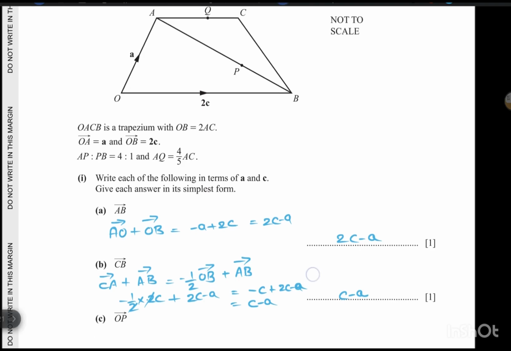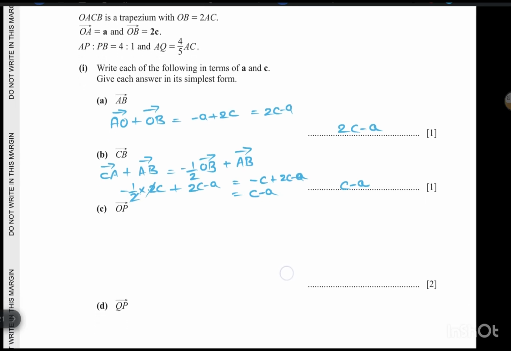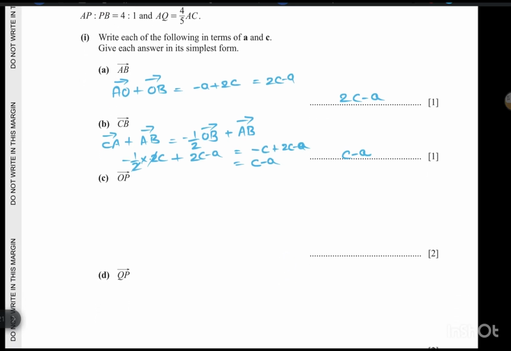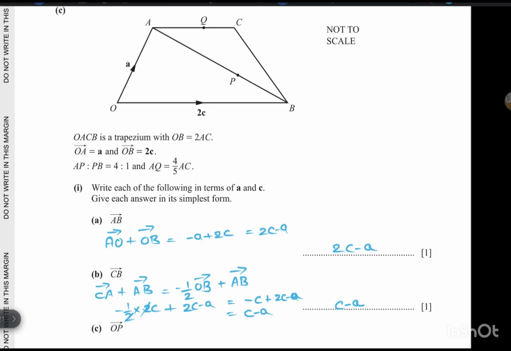Now C, OP and QP. We should find OP and QP. First let us see what OP is. OP is the position vector of P. From O we have to go to P. So OP is OB plus BP.